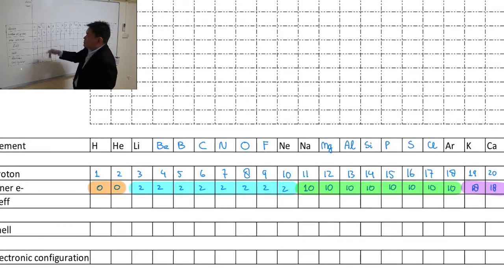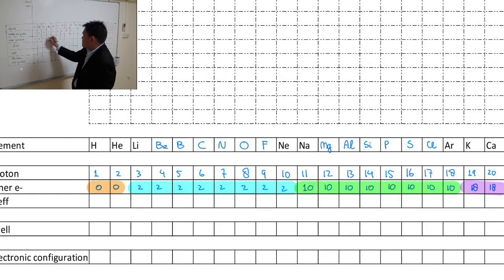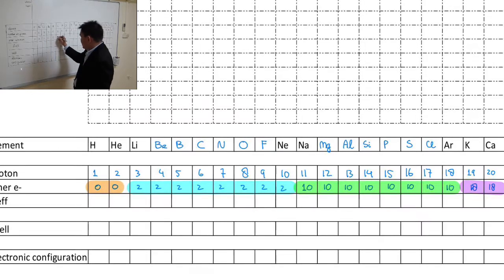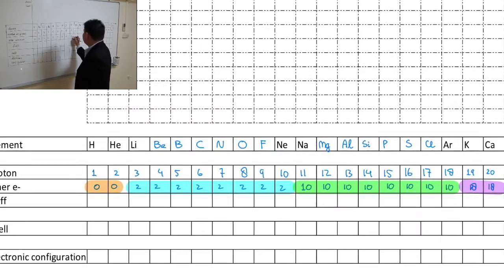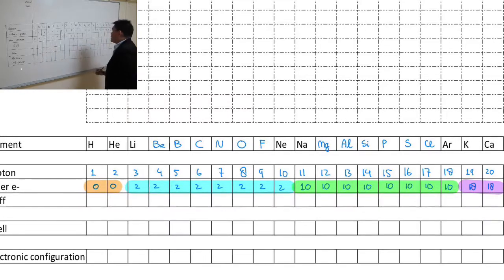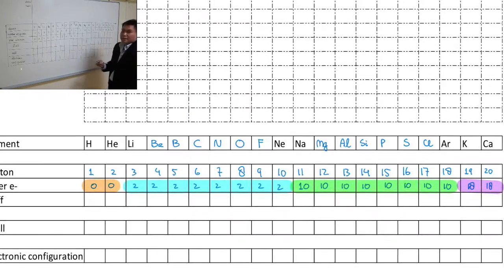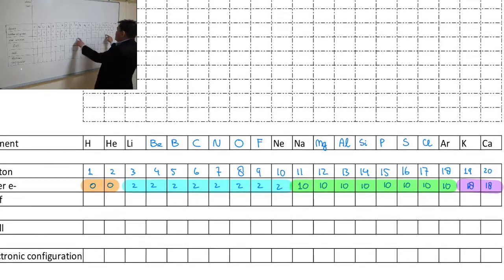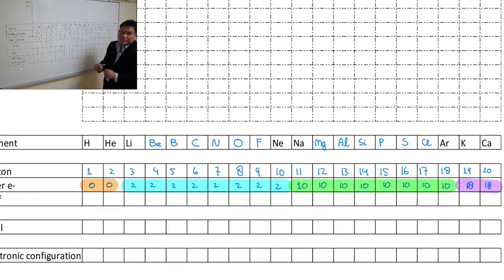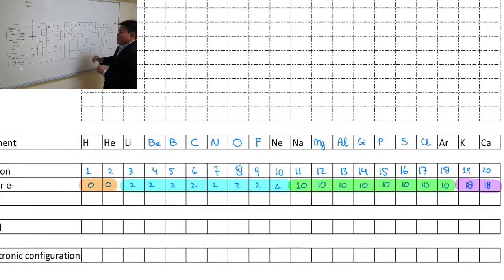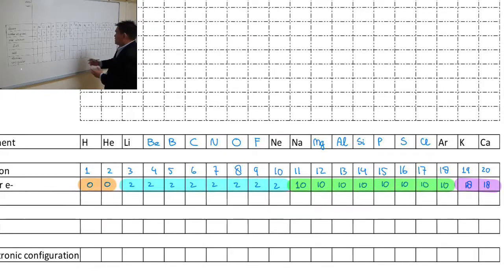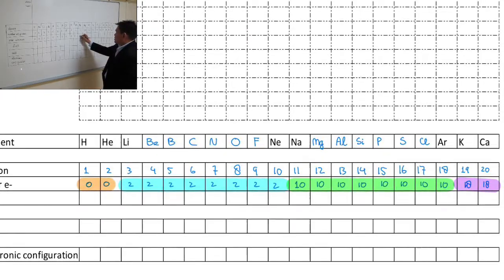The inner electron will be the first shell, which all of them have 2 electrons. Sodium all the way until argon is in the third period. So the inner electron is the electron on the first and second shell. Total there will be 10.